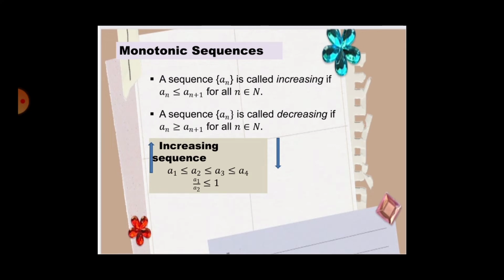Increasing sequence: a sub 1 is less than or equal to a sub 2, less than or equal to a sub 3, less than or equal to a sub 4. So a sub 1 over a sub 2 is less than or equal to 1.